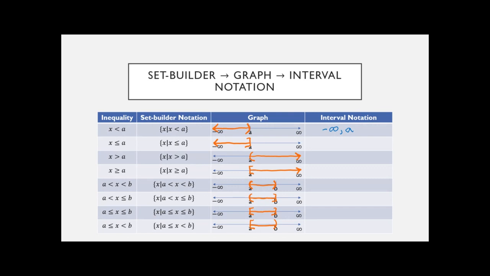So on the left at negative infinity, that's always going to be a parenthesis, and your parenthesis faces the direction you're shading. So I'm going to have a left parenthesis because we're shading to the right of negative infinity. And then at a, because it's a less than, it's a parenthesis, and it faces where you're shading. So our shading is to the left, so it's a right parenthesis because it's opening and looking to the left.